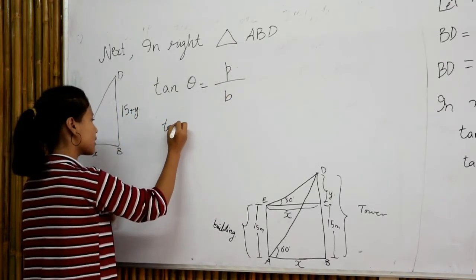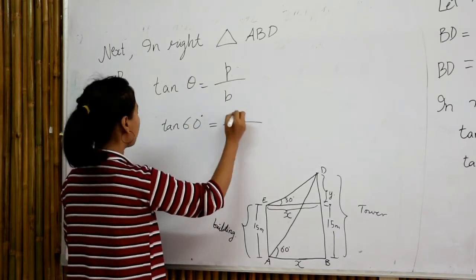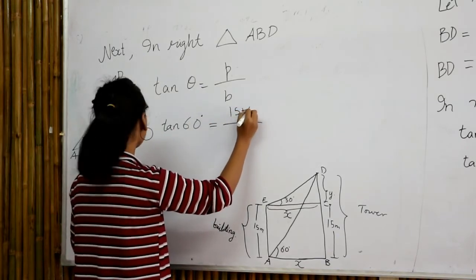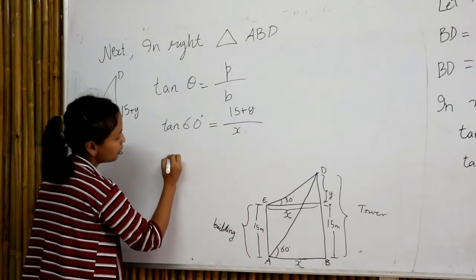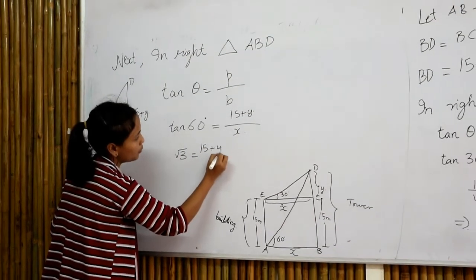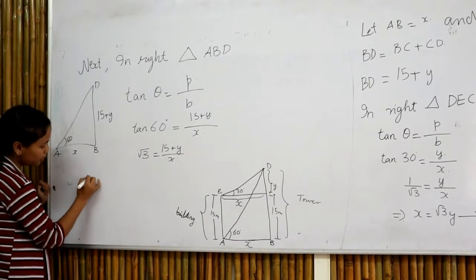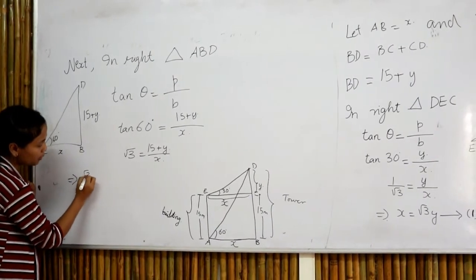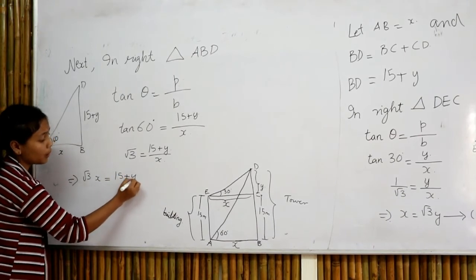Then tan 60 degree is equal to perpendicular, here 15 plus Y, by X. Tan 60 degree is root 3, equal to 15 plus Y divided by X. Then you will get root 3 X is equal to 15 plus Y.